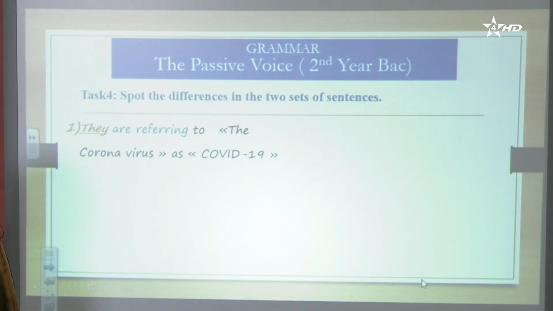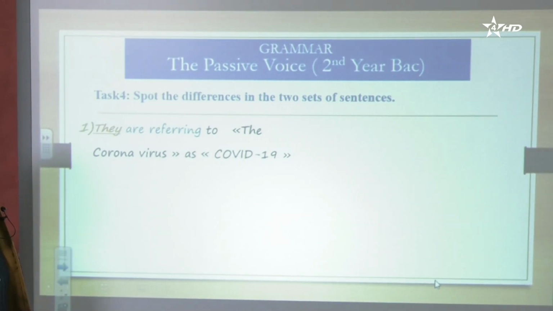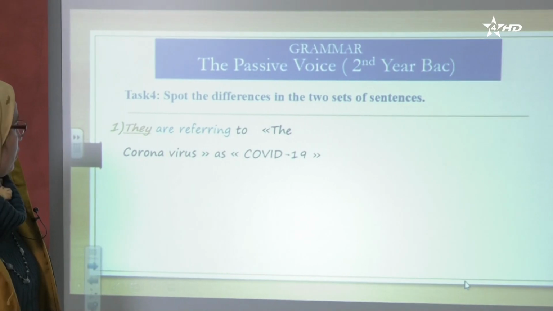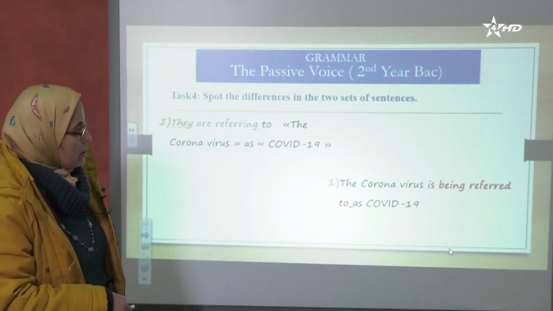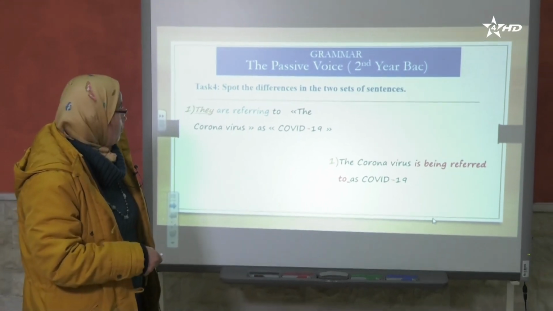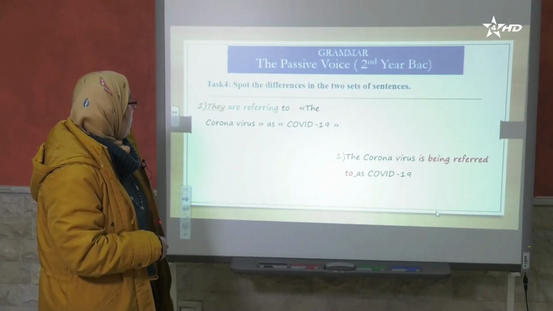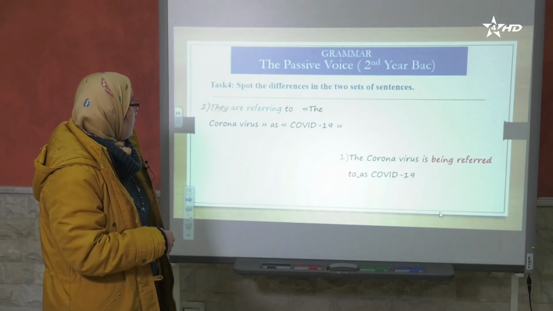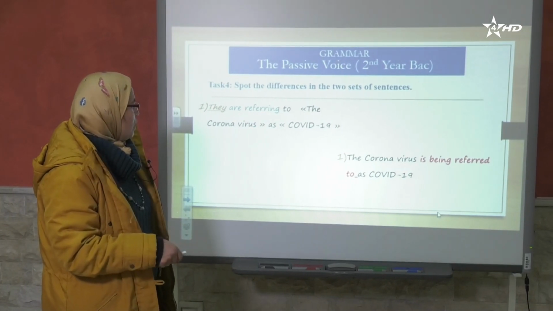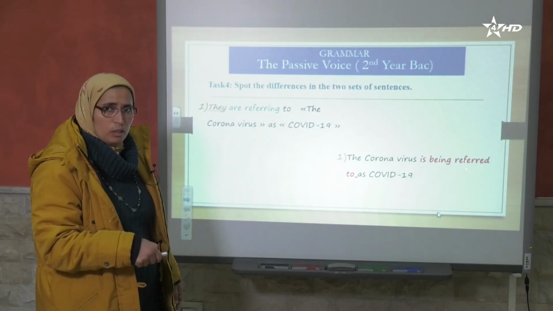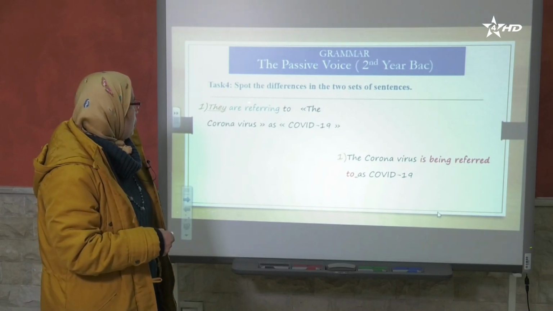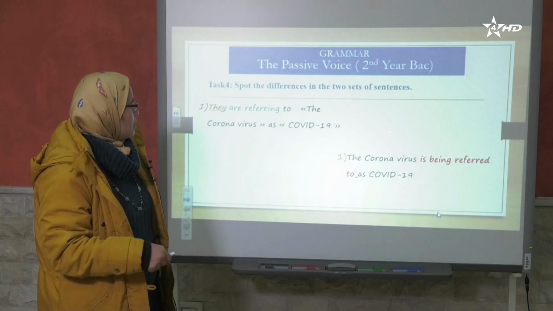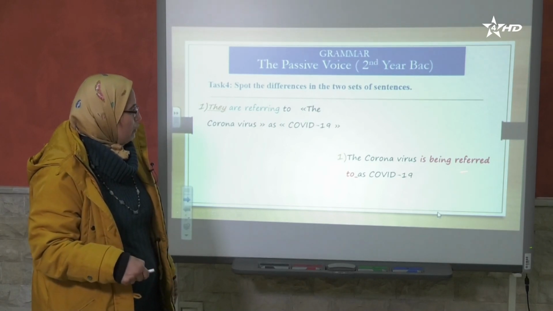They are referring to the coronavirus as COVID-19. The coronavirus is being referred to as COVID-19. Here we have they. Where is they here? Is it important to keep it? Are referring is changed here to is being referred to.